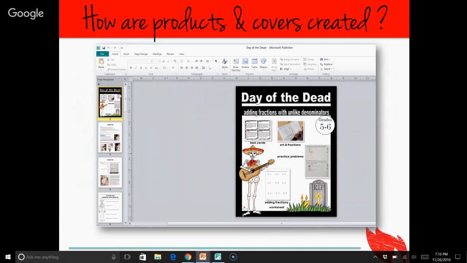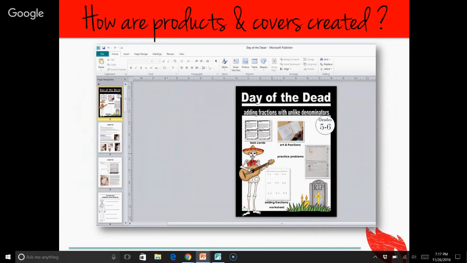Clip art depends on what you're looking for. The products don't have to be long. It depends on the audience you're targeting. I know with high school, you're not going to have a lot of clip art. You're going to have something that is appealing, however, it may not have as much clip art as an elementary product.